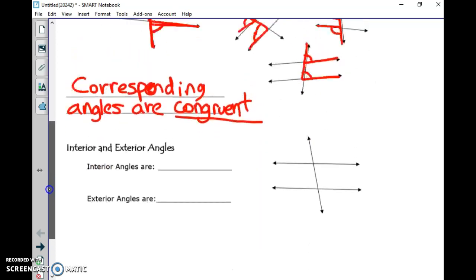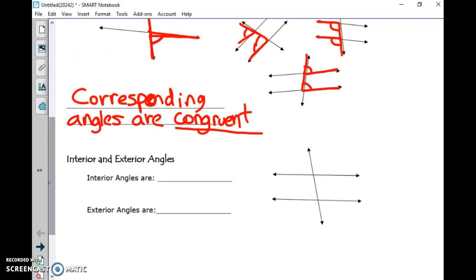Now, beyond corresponding, we have interior and exterior angles. So, interior angles are inside the parallel lines. So here's some examples of interior angles. You got these angles and these angles in blue.